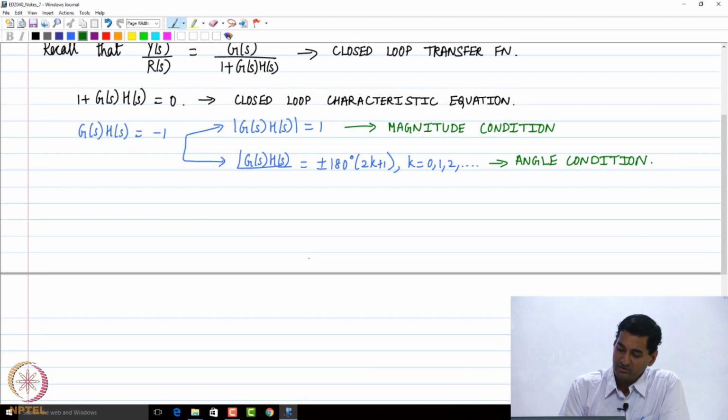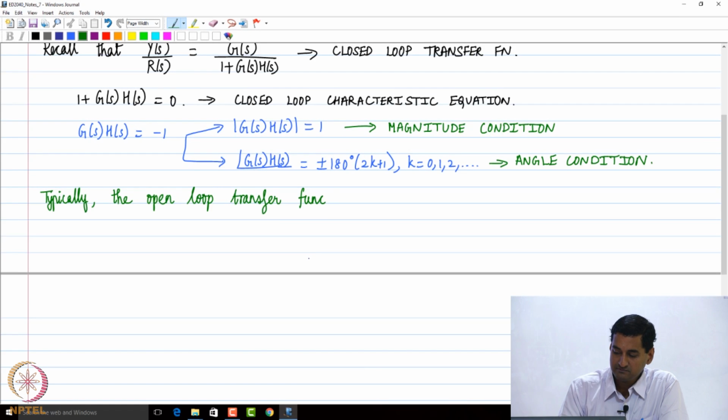And what we also discussed is that typically the open loop transfer function can be expressed as the following.